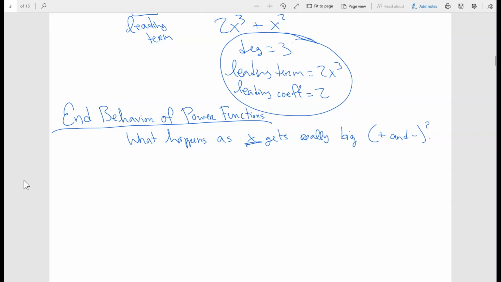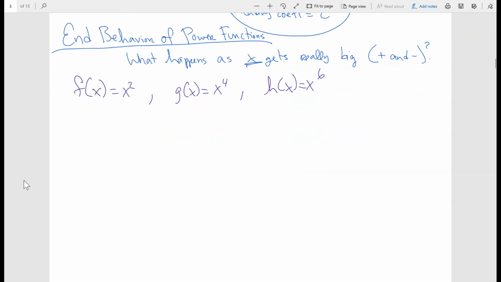So if x gets really big negatively or positively, what exactly happens? Okay, so let's start off with the even functions, or the ones with even powers. So let's look at f of x equals x squared, g of x equals x to the 4th power, h of x equals x to the 6th power. Let's see what happens when you have powers like that.